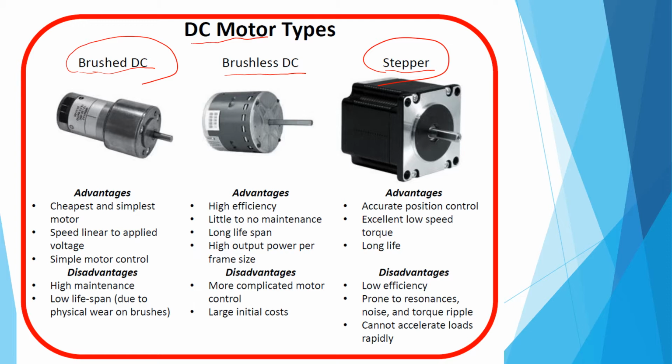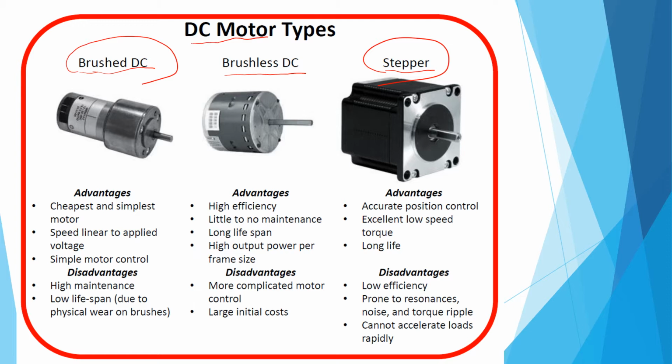In the case of brushless DC motor, advantages: high efficiency, little to no maintenance, long lifespan and high output power per frame size. Disadvantages: more complicated motor control and large initial cost.